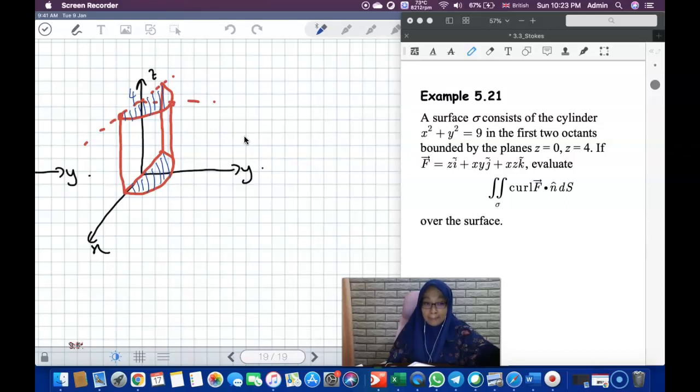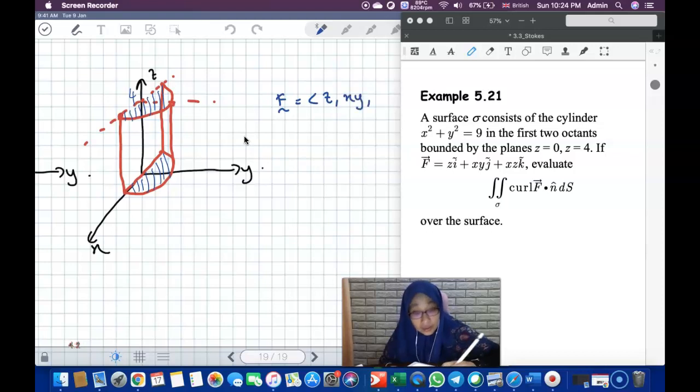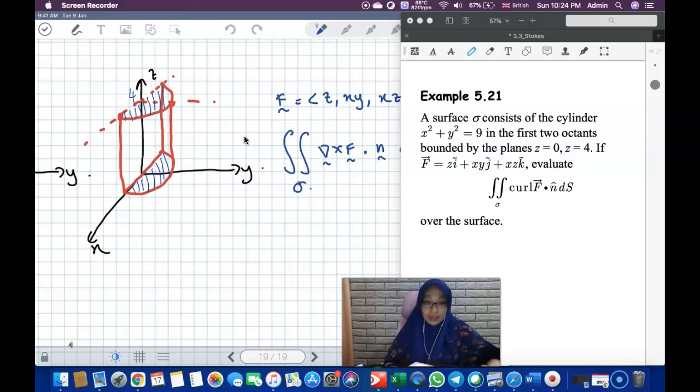Okay, they give you the vector field: Z, then XY, and then XZ. So you have to evaluate the surface integral of curl F dot N dS over the surface sigma given.